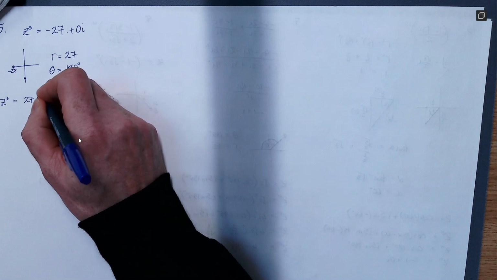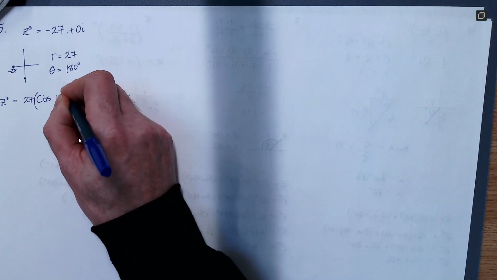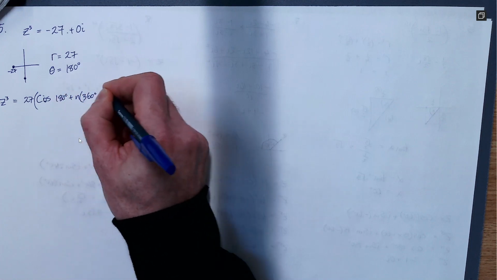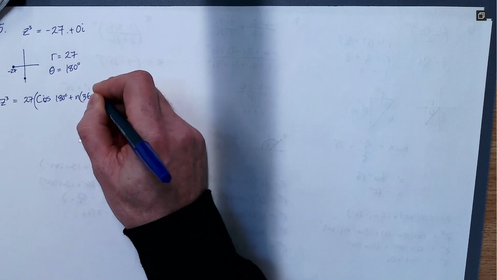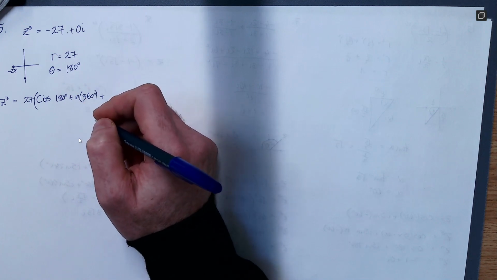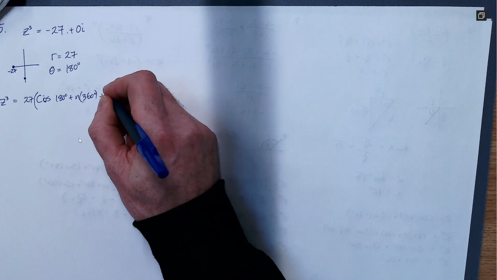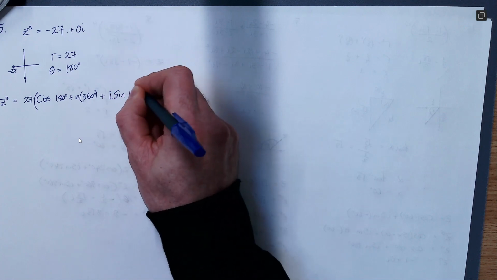So in general polar form, z cubed equals R cis theta. So it's 27 cos 180 plus n 360, and the modulus is 27, which is the distance to the origin, so it's 27. Plus i sine of 180 degrees plus n 360.